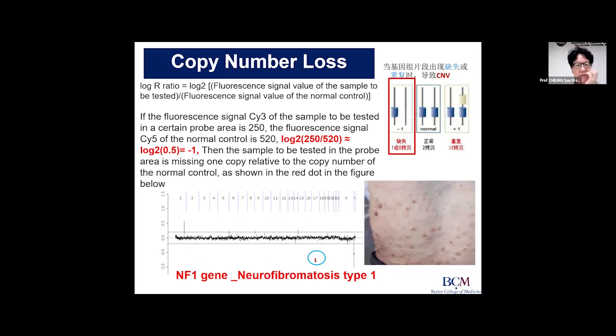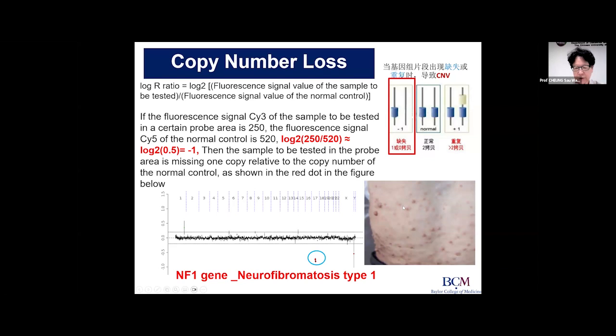If the fluorescent signal of the sample to be tested is 250, such as in here, versus the control 520, then the log ratio is -1. When you open up this chromosome, you find out that the deletion is concentrated in the NF1 gene, and the NF1 gene is associated with neurofibromatosis type 1.